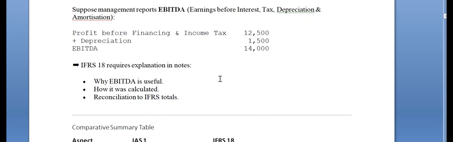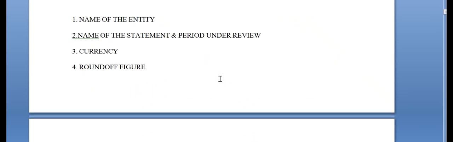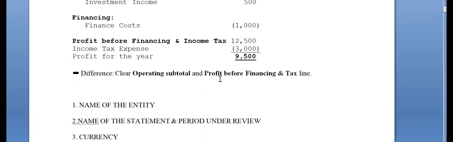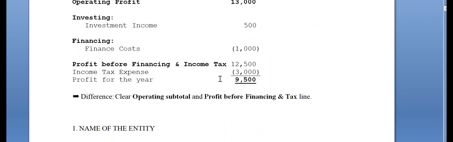Add depreciation back. We have earnings before interest, tax, and depreciation. Take note of something here. Like my friend was trying to point out, he said, why don't we have profit before tax since we have taken off this financing cost? Now look at it this way. Operating profit is 13,000. Investment income is 500. That's 13,500.